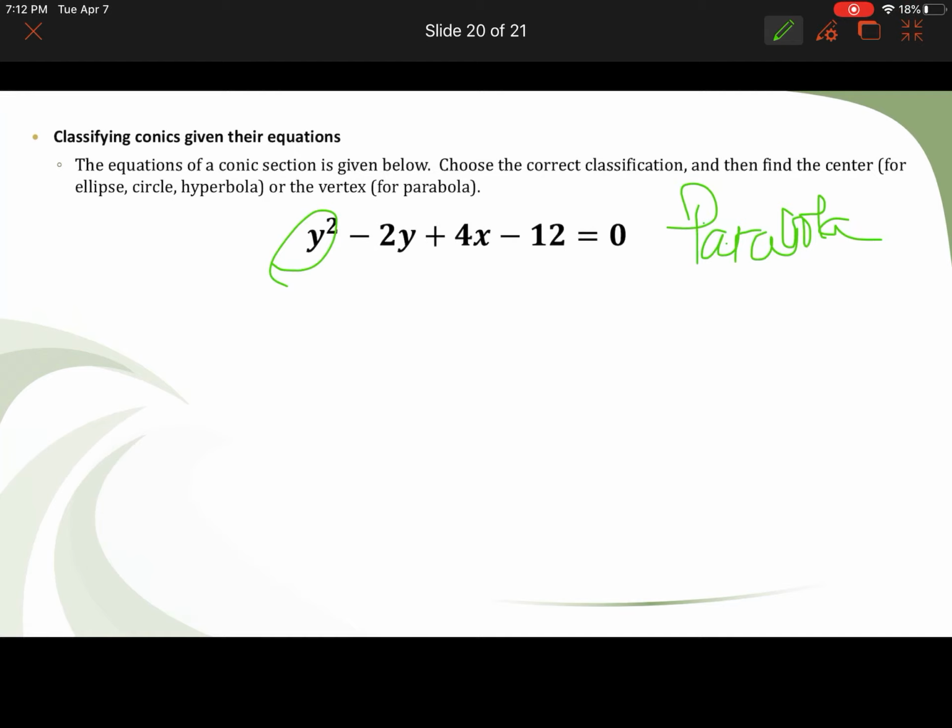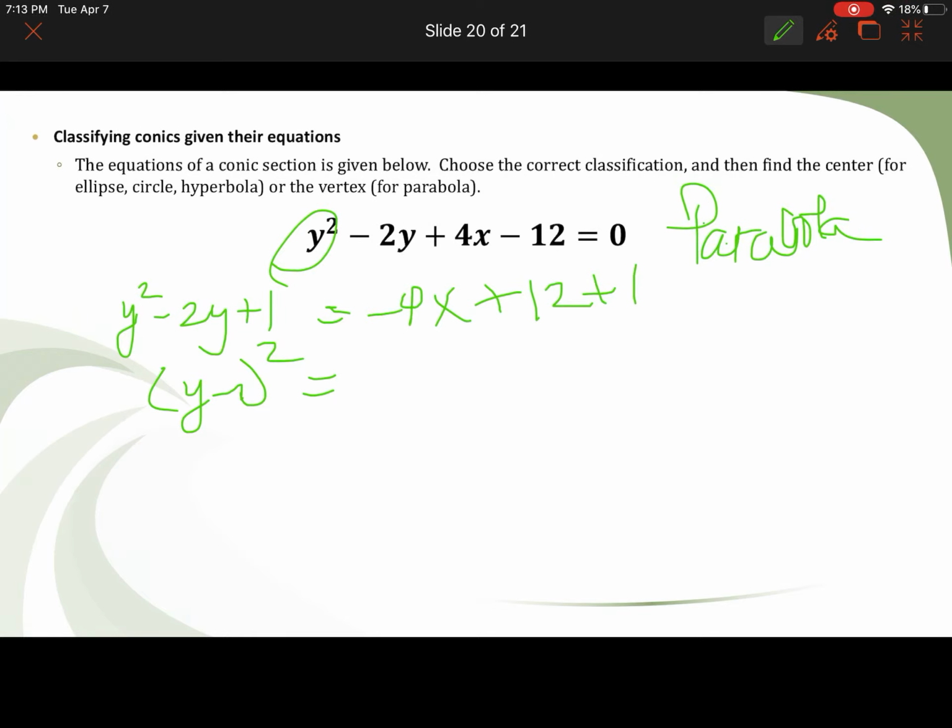And if we complete the square, we got y squared minus 2y. Put the other things on the other side. So this is a 1. And I'll factor out, oh, this is a negative 4x plus 13, which means we're getting some weird fractions.